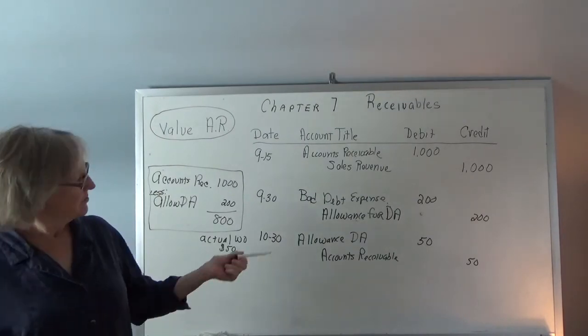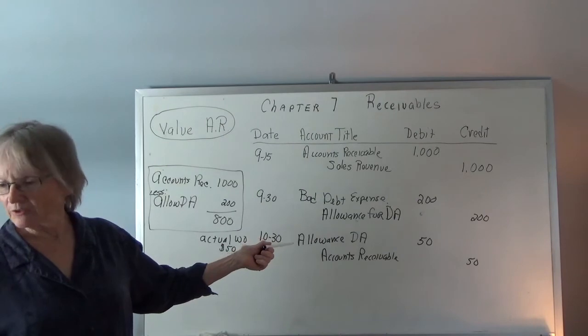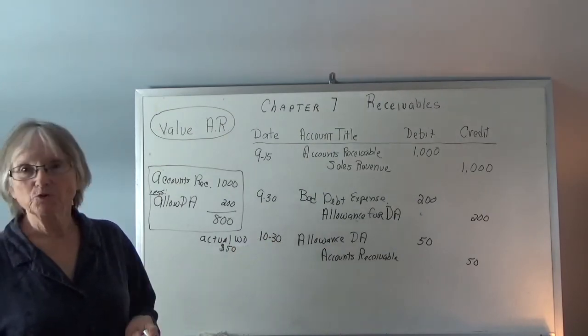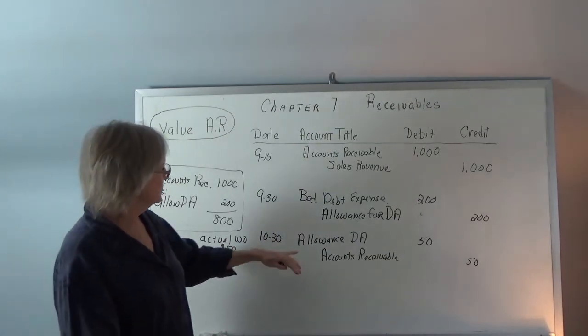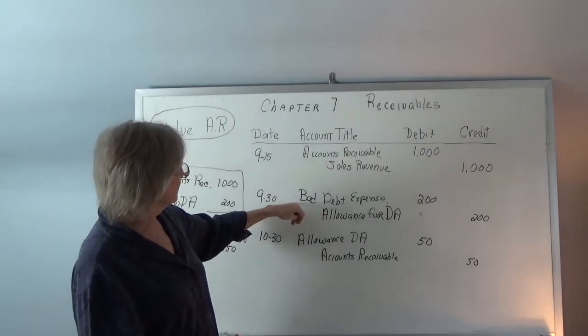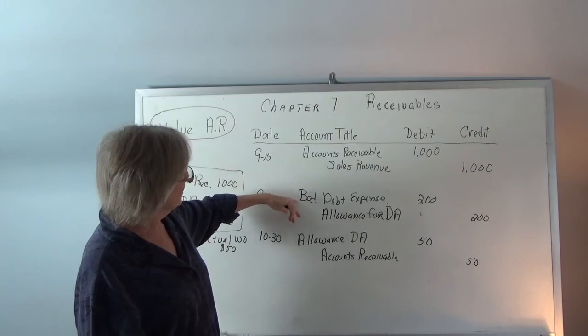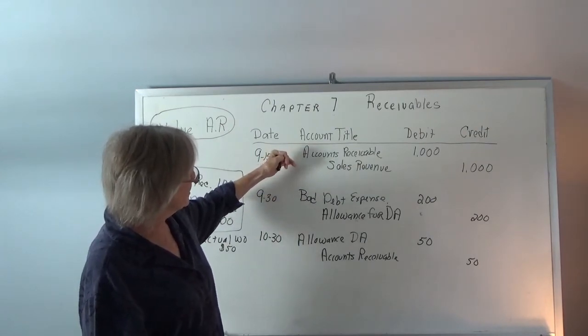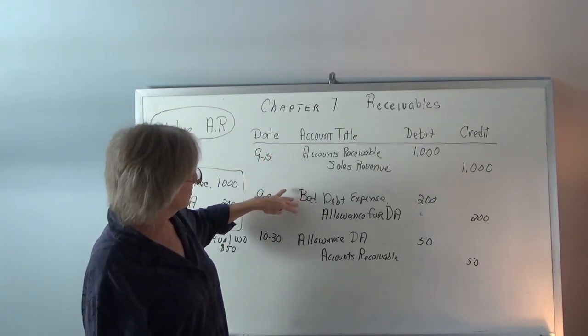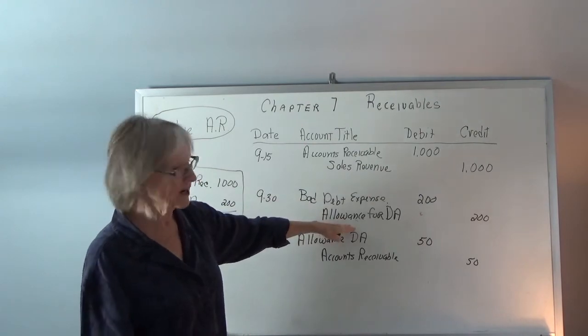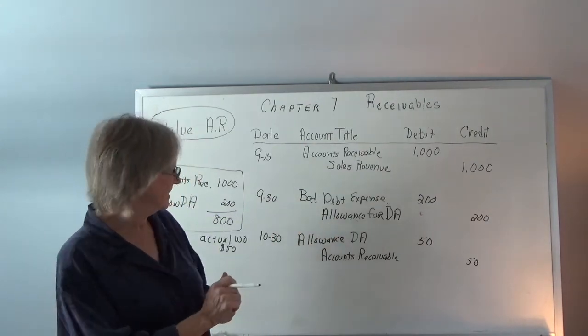So we get 150 left in our allowance account for other people who might not pay. But notice that we are not debiting bad debt expense. That happened relating to the initial receivables. We estimated the bad debt expense that went with them, and we set up the allowance. Now we're using up some of that allowance.